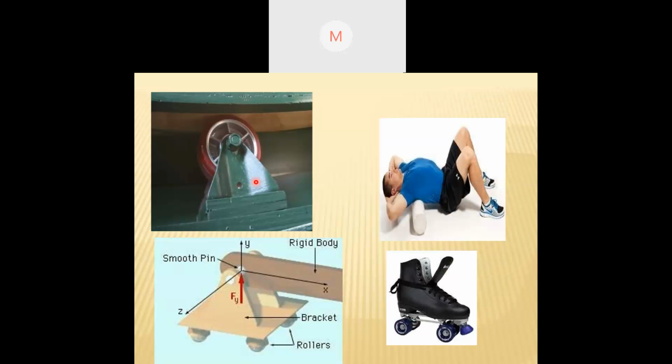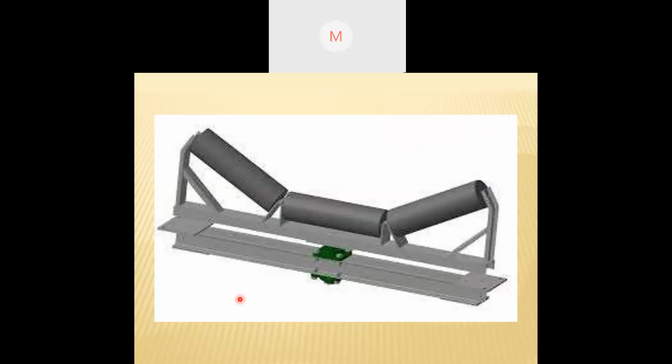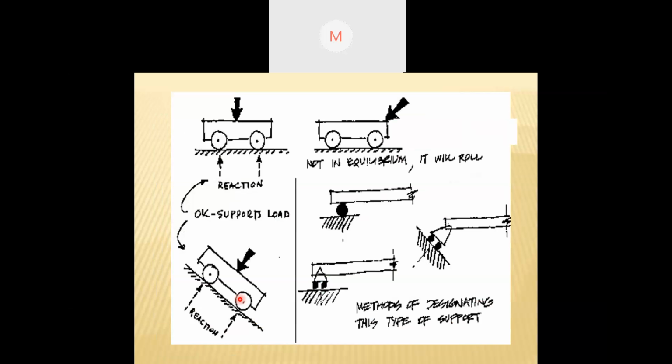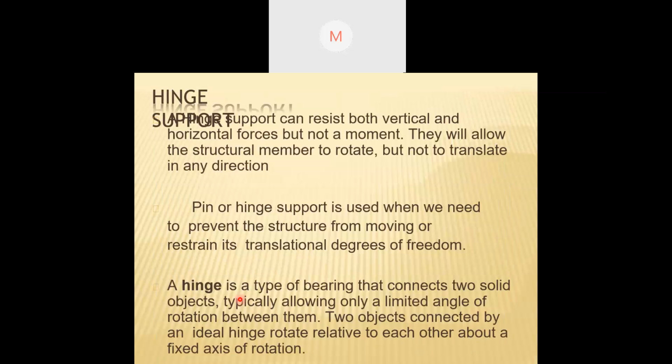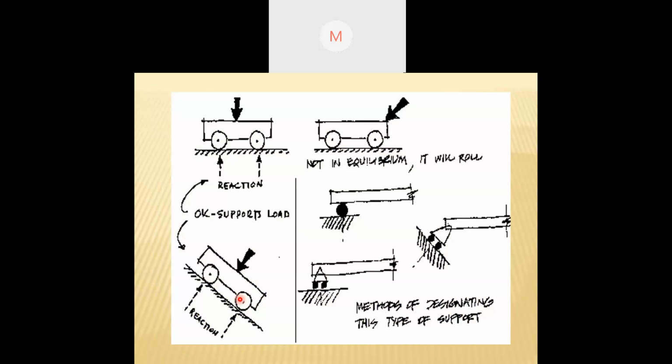Now the next one is a practical example of a roller. Suppose these are all rollers. In this way, if this roller is present, this will be the reaction that will be given. For this time, learn only the basics.